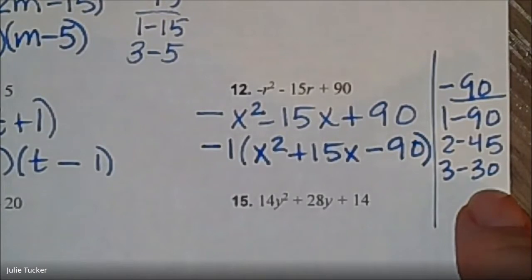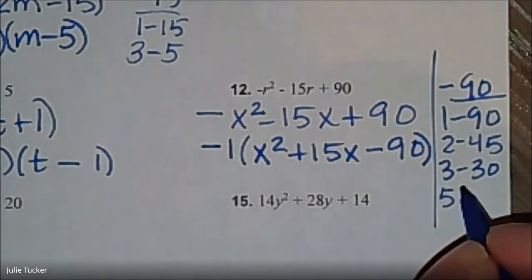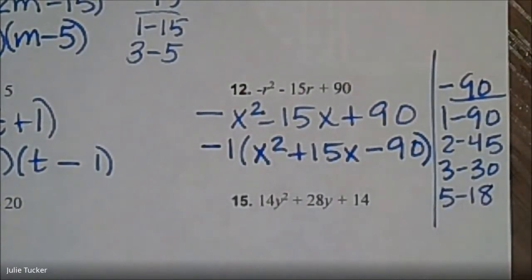So we're getting closer. It does not divide by 4. And then it's 5 times 18. Oh, we're getting really close now because that's 13. And then it's 6 times 15.